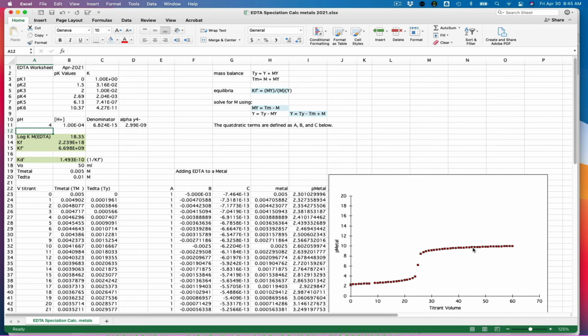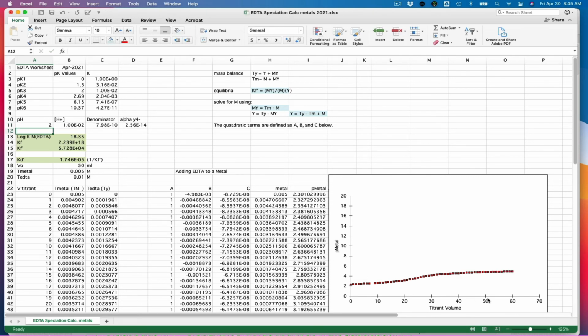EDTA still binds copper pretty well, even at pH 4, but it doesn't bind it as well as it did at 7 and 9. And of course, if you go to 2, boy, there's even hardly any indication of a break. So at pH 2, the protons are more effective at binding EDTA than copper.